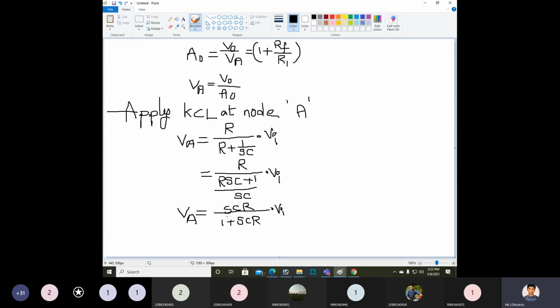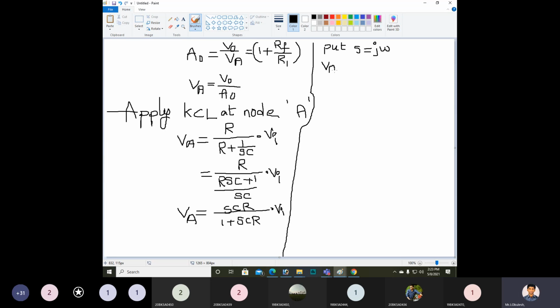In the place of S, you need to put S equals j omega. Put S equals j omega.